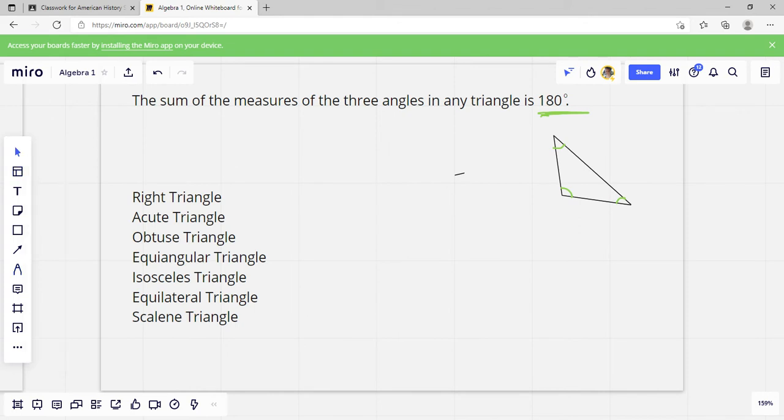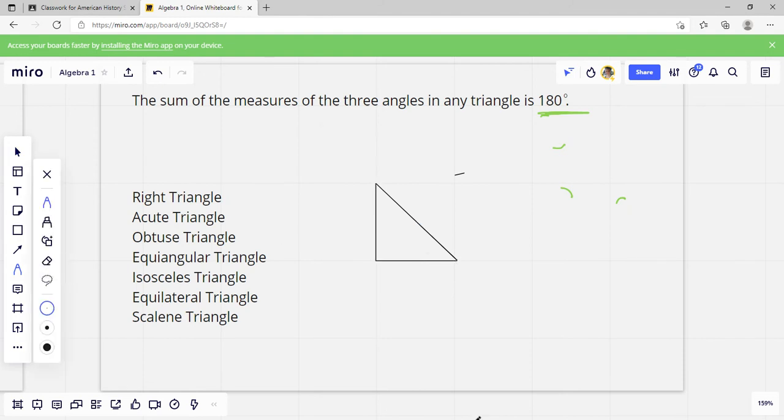So I can move this triangle around here and make it have a right angle. Put that there, that one there, and then put this one down here. And we've got a right triangle.